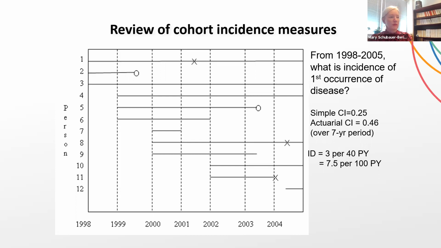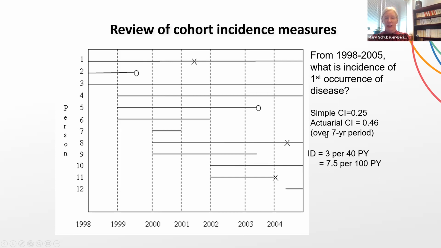So we could ask, between 1998, the start of the study, and the end of the study, 2005, what is the incidence of first occurrence of disease? So you could calculate a simple cumulative incidence of, let's see, 1, 2, 3, divided by 12, which gives us 0.25, right? But that doesn't account for the fact that people were not under observation the entire time during the study.